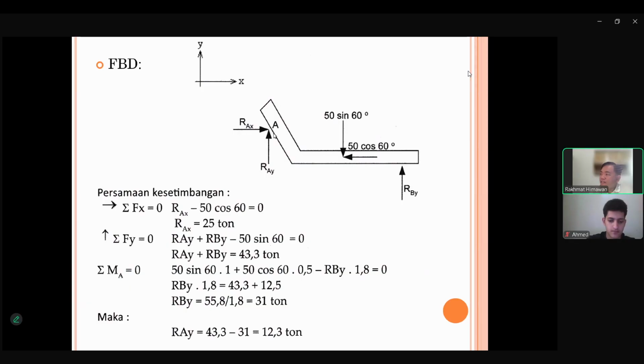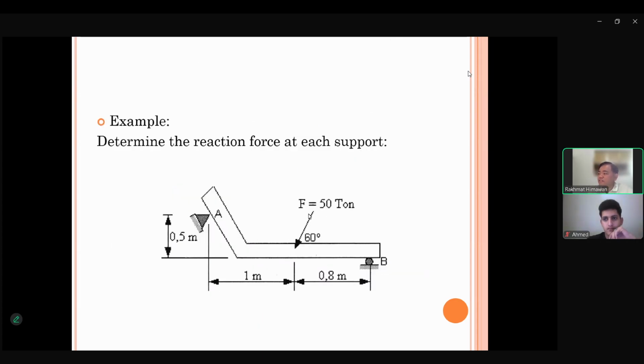On A there are two reactions, RAX and RAY. And here, 50 sin 60, 50 cos 60 is because of this. And as we discussed last week, this is the decomposition of the force into X and Y direction. So like this.